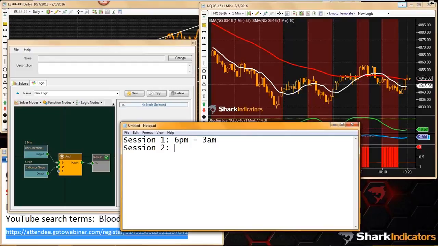Then we have session 2, going from 3 a.m. to 5 p.m. All right, so we want to make sure that any trade open during this time period is closed out when the next time period starts.